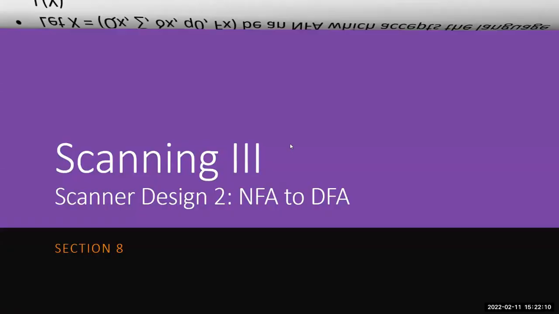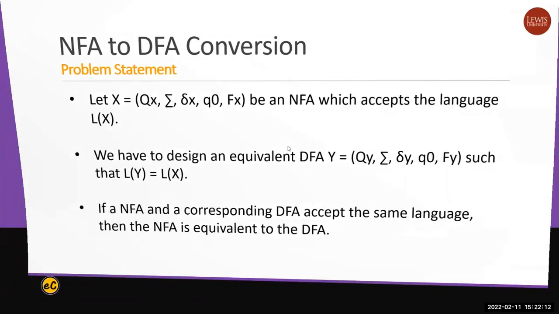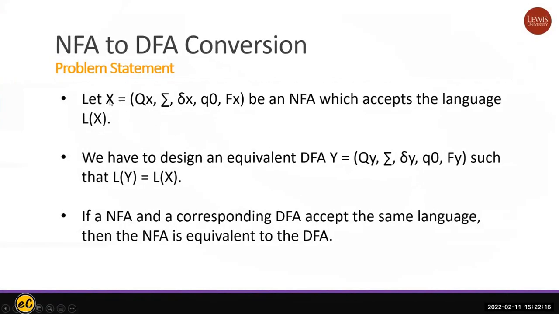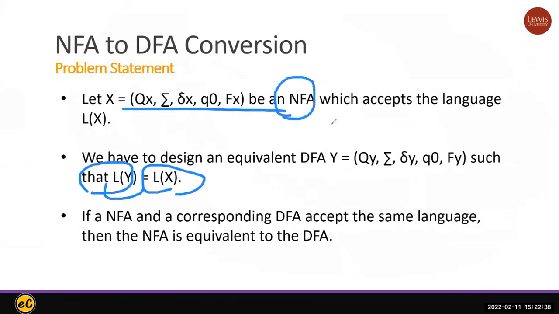Now, next, we need to convert your NFA to a DFA. So let's assume that we have a finite automaton that's a DFA. If it takes the same input and always generates the same output that your NFA will generate, then these two are equivalent.